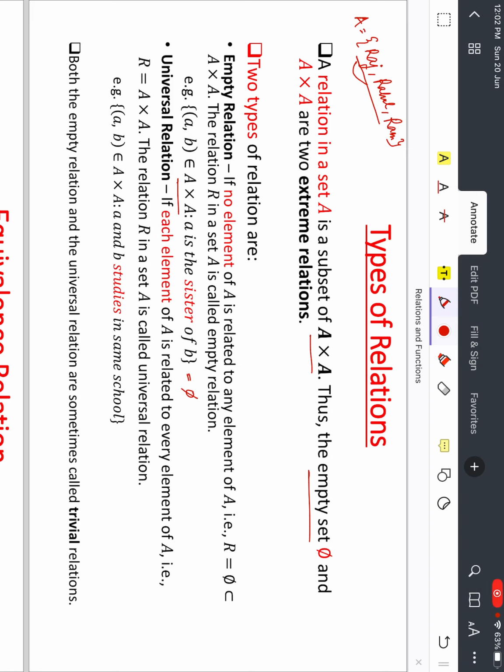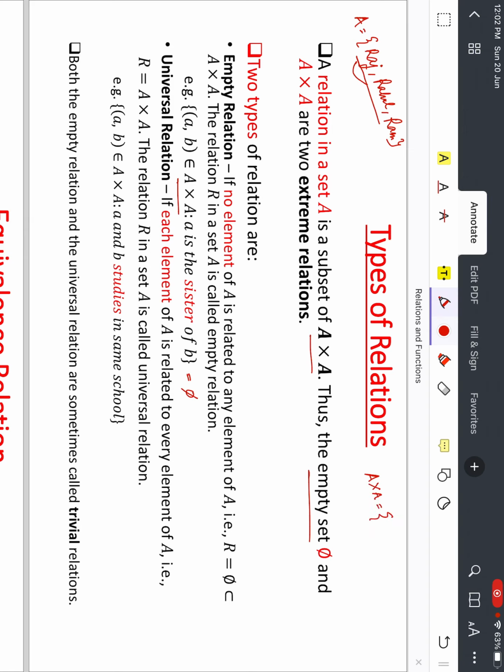Now universal relation. Universal relation means that each element of A is related to every element of that same set. So you first of all think of what the Cartesian product is.